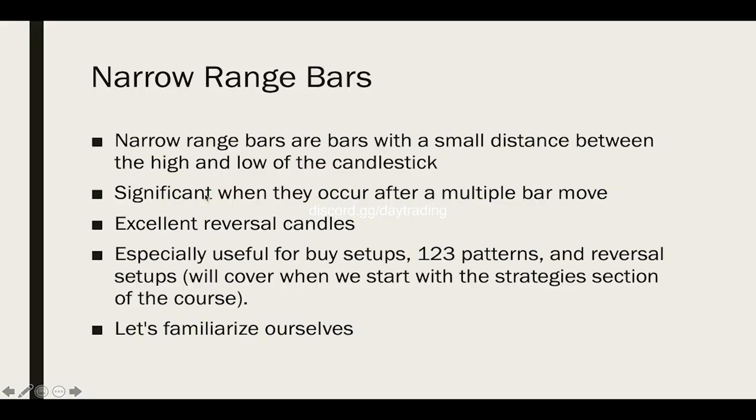They're pretty significant when they occur after a multi-bar move because they might actually serve as a reversal candlestick. It gives you more evidence that a reversal might take place. They're also especially useful for buy setups, 1, 2, 3 patterns, and reversal setups, and we're going to cover that when we start the strategy section of the course.